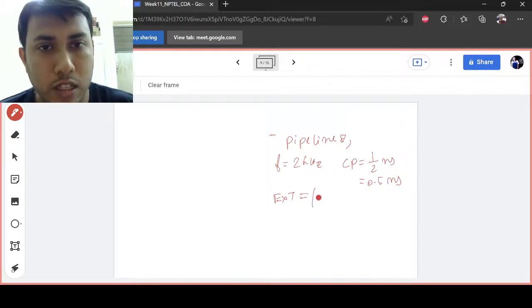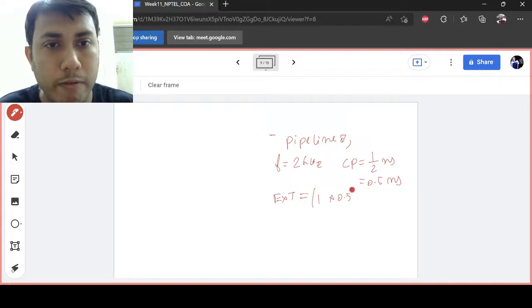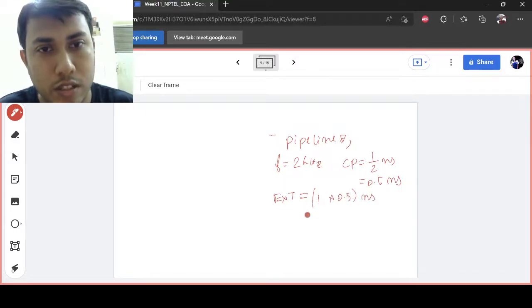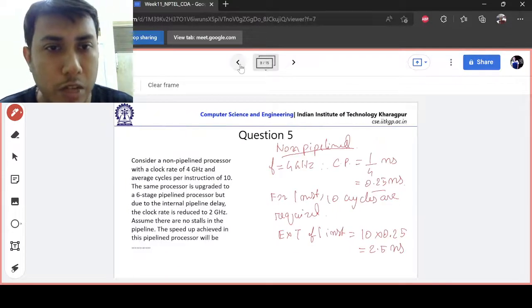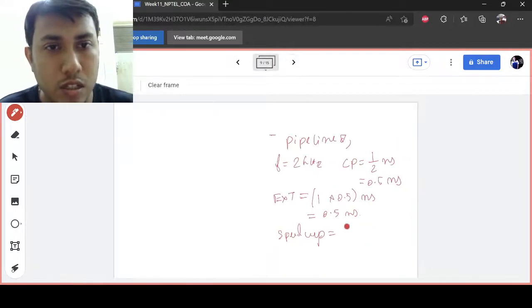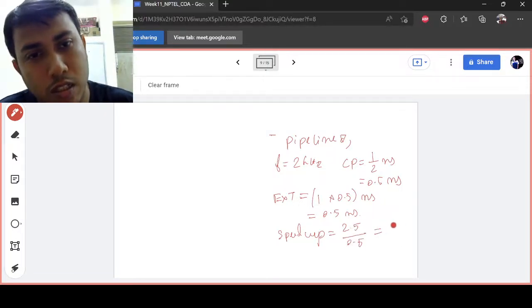So it will be 1 into 0.5 ns, that will be 0.5 ns. Therefore, speedup will be 2.5 divided by 0.5. That will be 5.